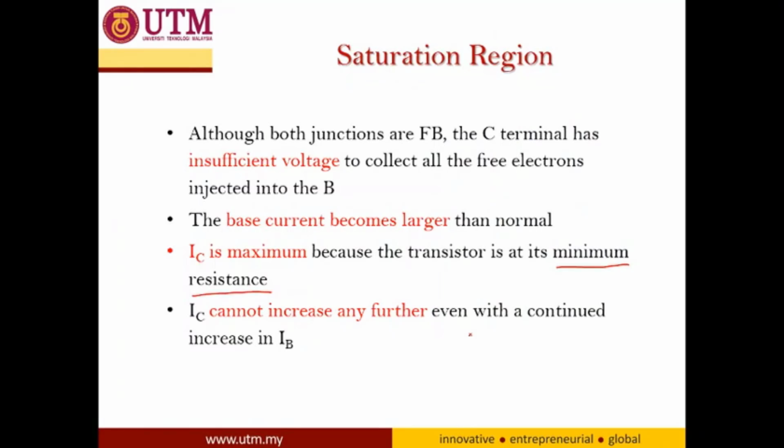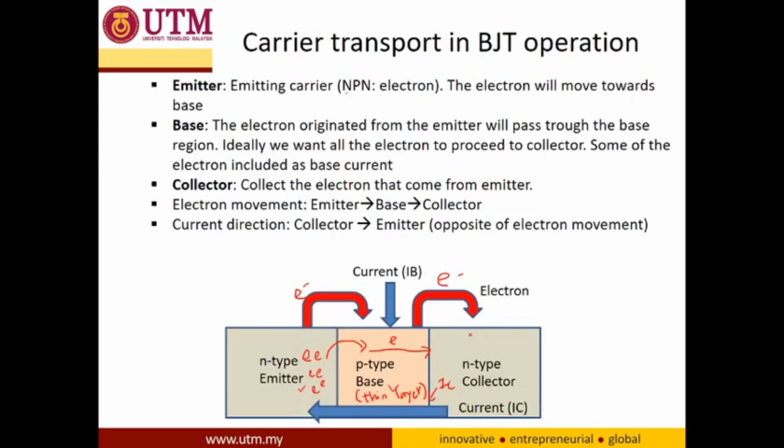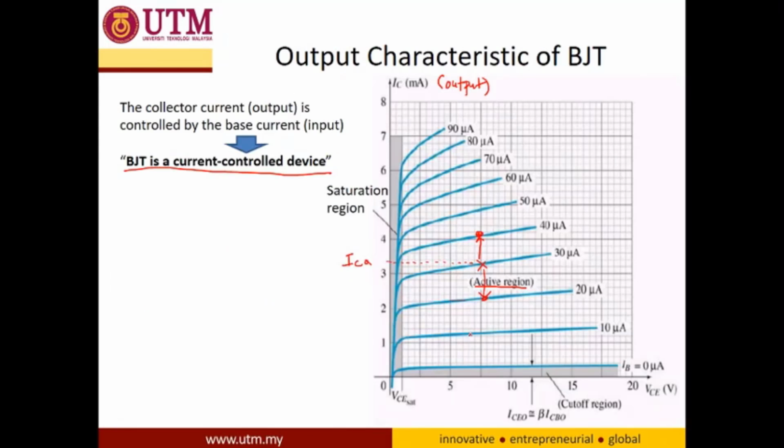Okay, the last statement, if I want to comment, you can see here, if you take the plot, the current here and the voltage here, this is the saturation region.